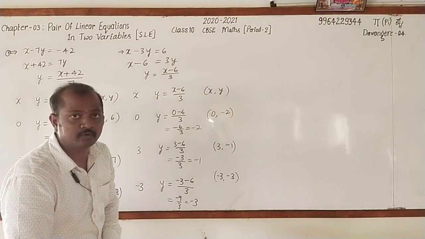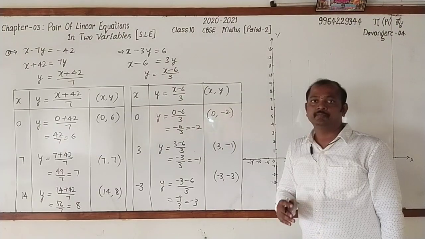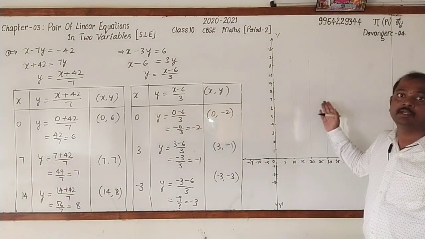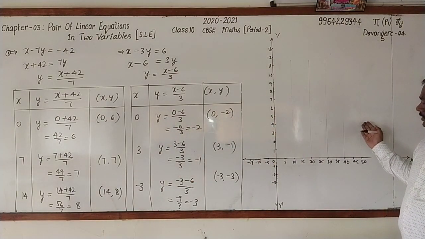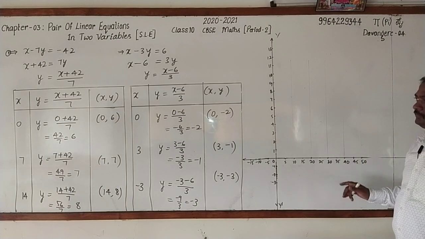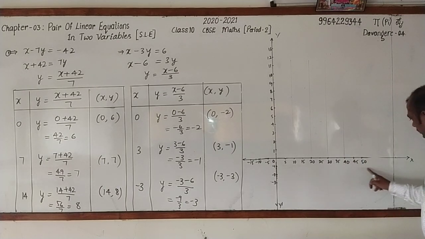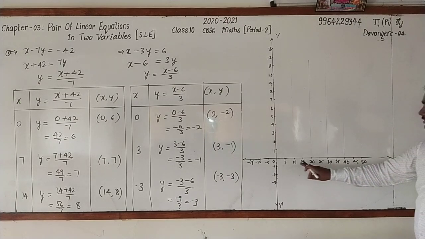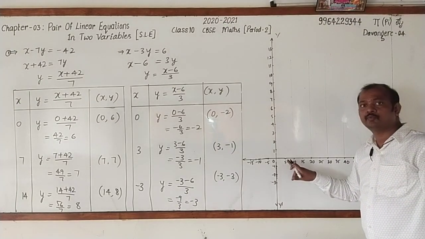Now let us go for drawing the graph. Dear students, let us go for marking these coordinate points in the Cartesian plane. First I will tell you about the scale. Along x-axis, I have taken 1 centimeter equal to 5 years.